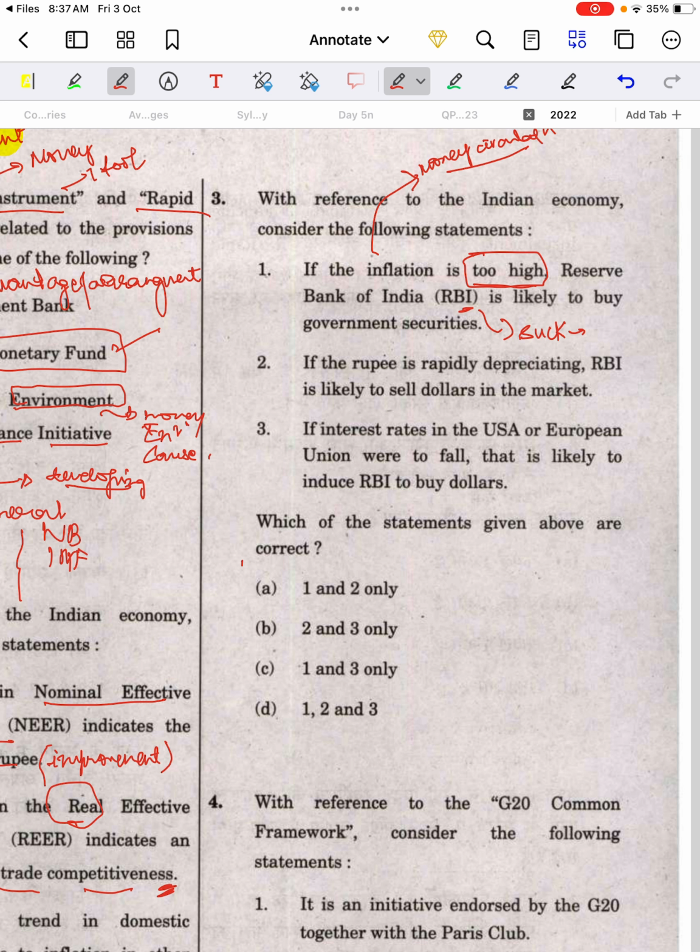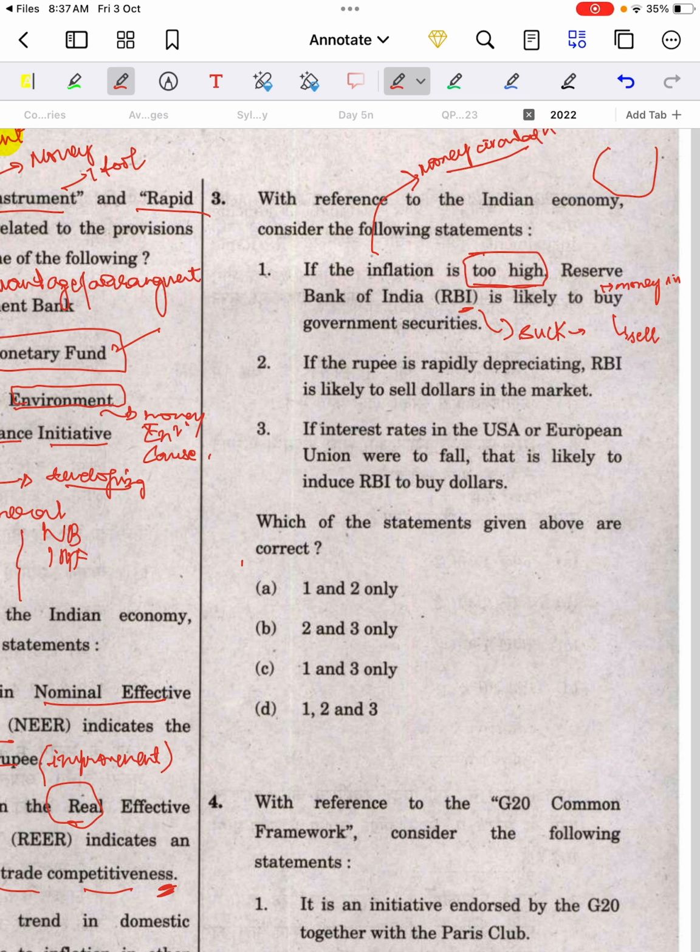RBI is likely to buy. Will RBI actually buy or will it sell? What happens when you buy? When you buy something in the provision store, you give money into the market. It's like putting money in when you buy. Rather, you should actually sell. If you want to suck, the moment you sell something, whatever money is circulating in the market will come back and sit with RBI.